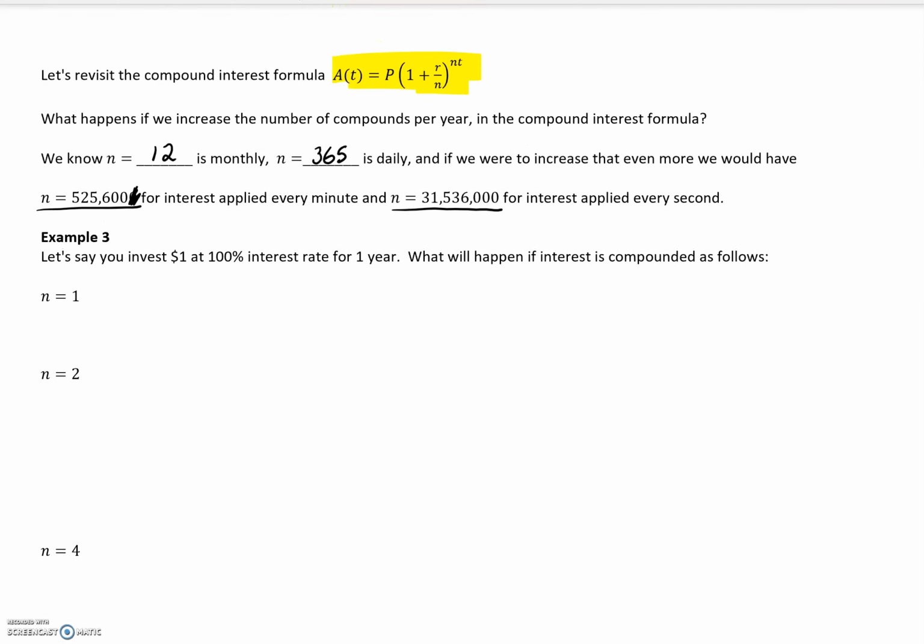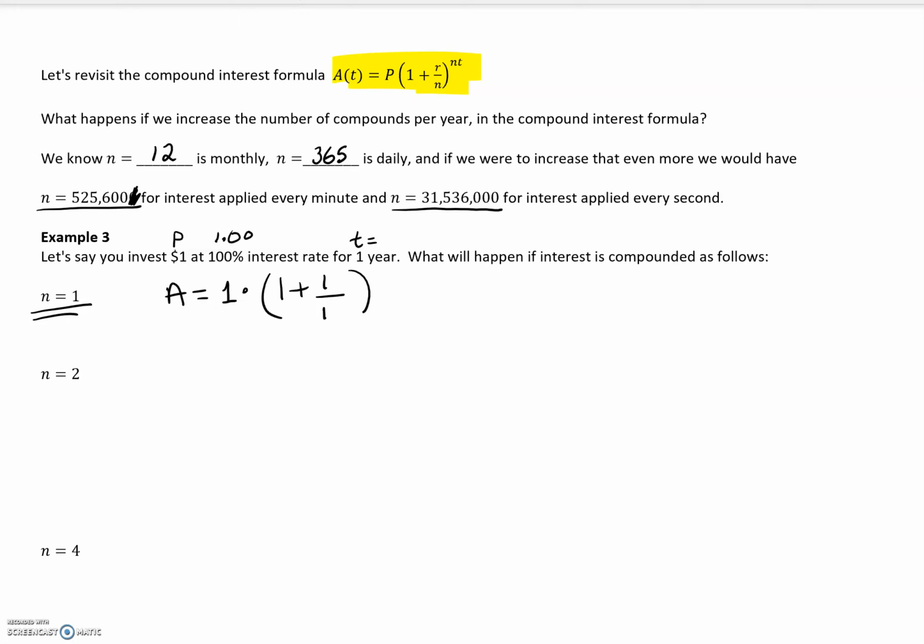So I'm going to use the compound interest formula. My principal is 1. 1 plus the interest rate, which is 100%, which means 1.00 in decimal form, over n. If n is 1, then I put 1 in my formula, and the exponent is n times t. Remember, t is 1.